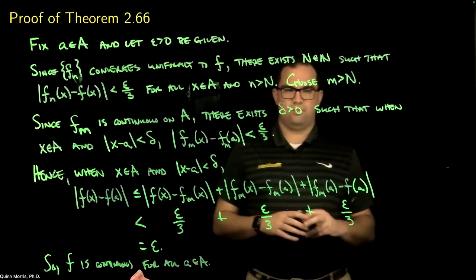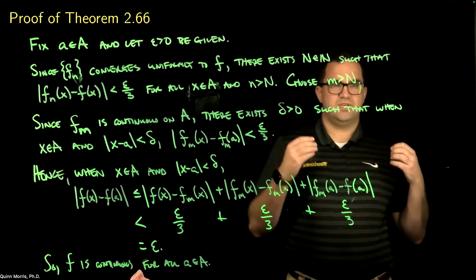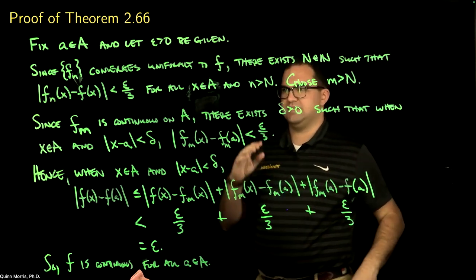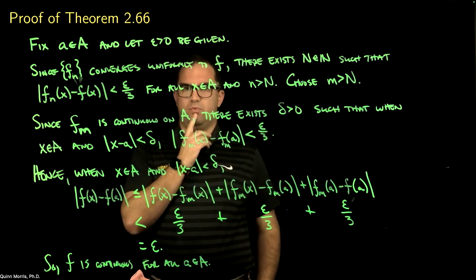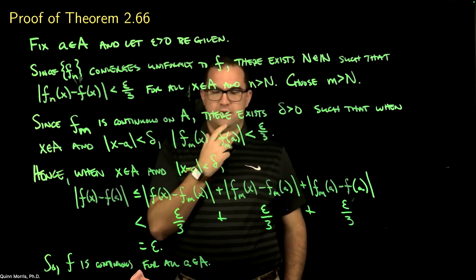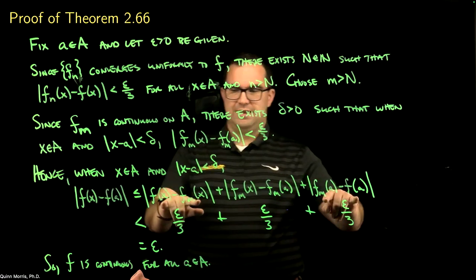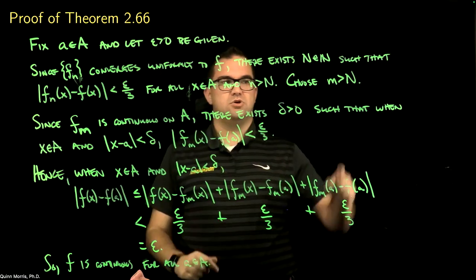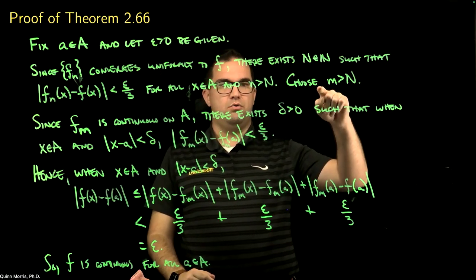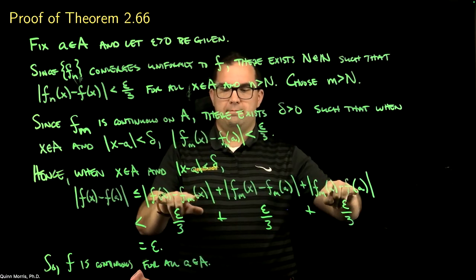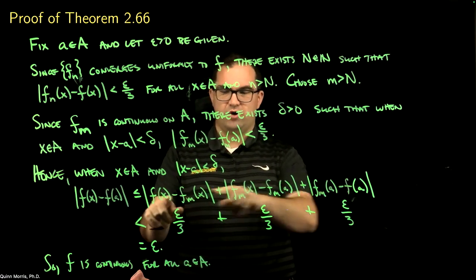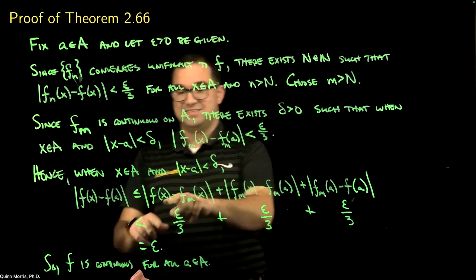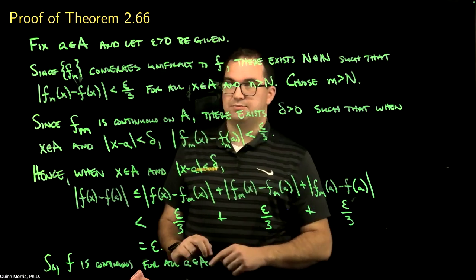Now, I do want to point out that this doesn't work if you only have pointwise convergence, but I think it's tempting to ask, well, why not? And the reason really is that you need the uniform convergence so that you can choose a single function where, regardless of what x is, I know that this difference will be less than epsilon over 3.